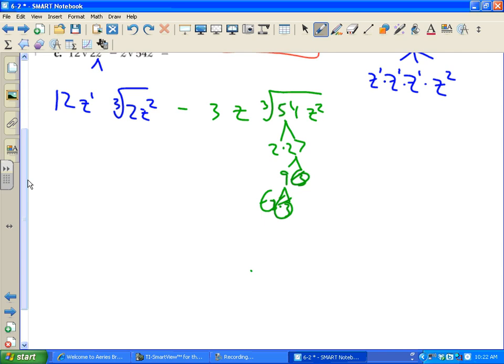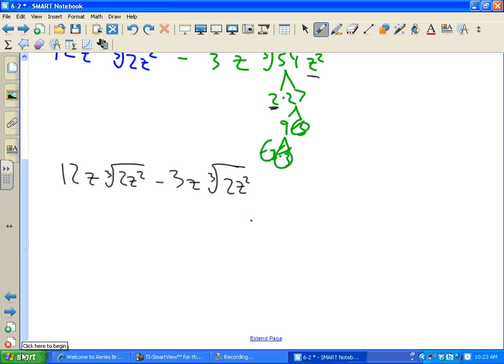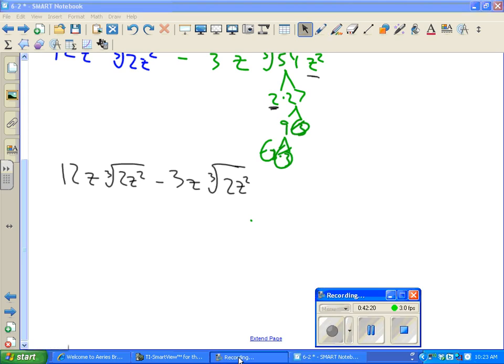So this whole expression, when I simplified and simplified, says 12z cube root of 2z squared minus 3z cube root of 2z squared. Remember, I had that 2 there. Hopefully you guys are coming in.